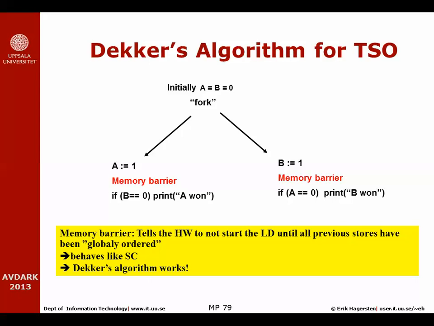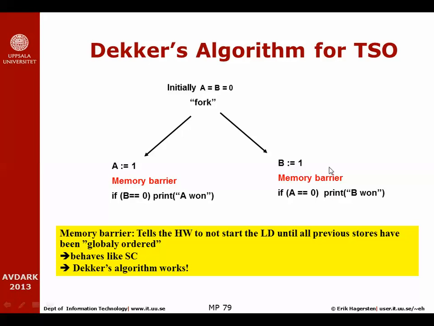How can I, as a hardware implementer, guarantee that? Well, all I have to guarantee, looking at the previous design with the store buffer, is that whenever the programmer puts in this memory barrier instruction, I have to make sure that the store buffer is drained, so that all the stores in that buffer have been globally performed, have been put in global order. And only after that am I allowed to go on with the execution.